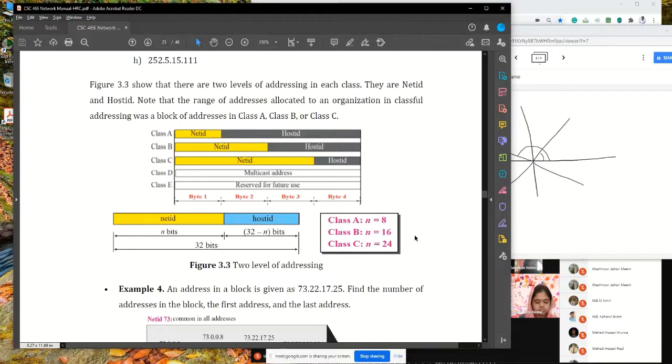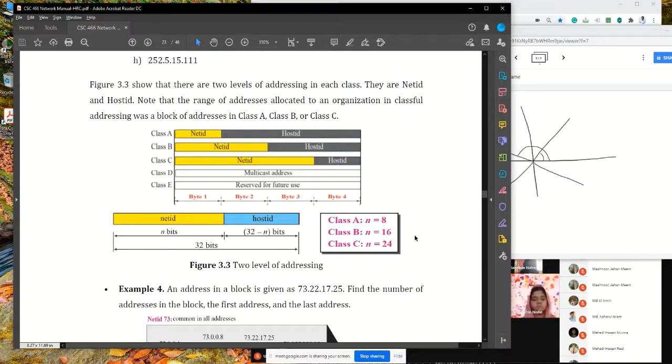Whenever we have a group of addresses, we call them a network address. By checking the IP address in classful addressing, we can identify which part is the network address and which part is the host address. Very simple.